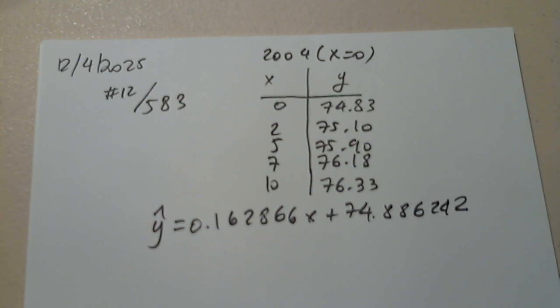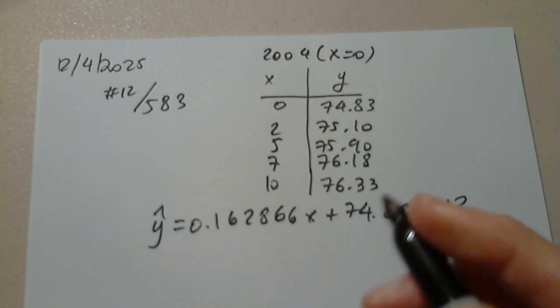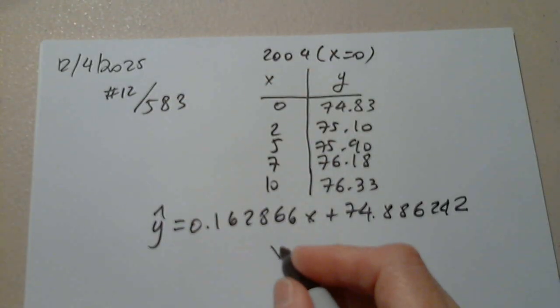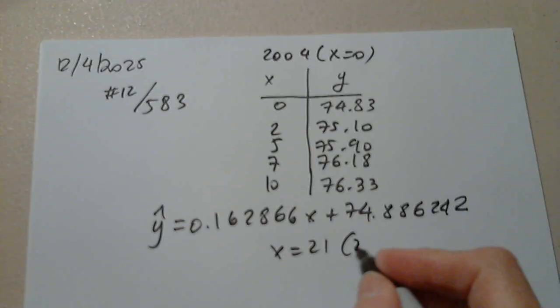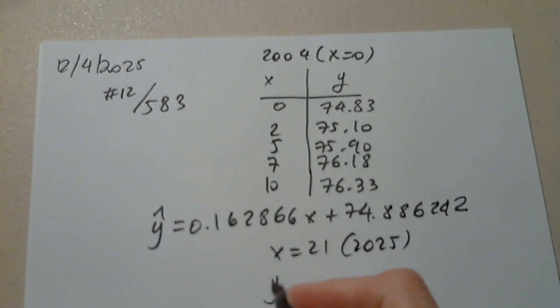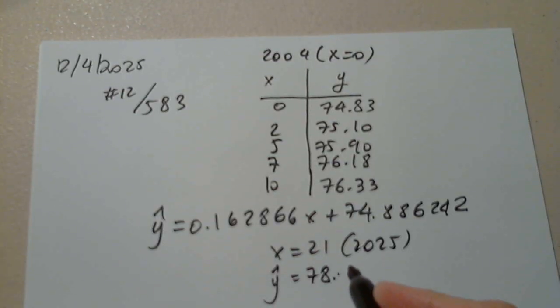That's all I need to do. And the life expectancy, they did not predict, however, the pandemic. So when x equals 21, in other words, in 2025, it appears that the predicted value, assuming the model still holds, is 78.31 years.